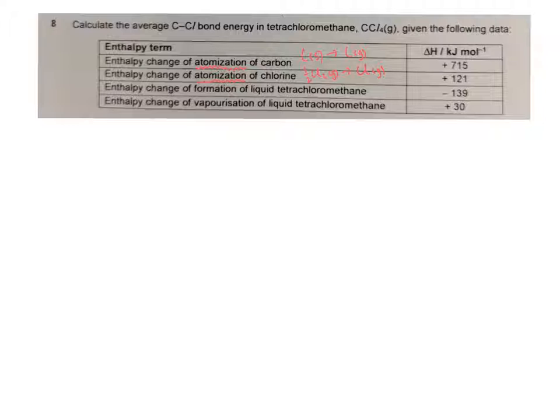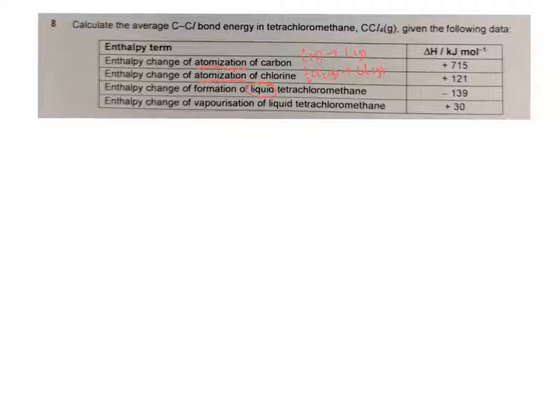Now, the formation of liquid tetrachloromethane, I think we can start there. So let's have a look at that. And I'm going to revisit this key idea. It's liquid tetrachloromethane, not gaseous, not solid, but liquid. So let's write that out. Formation enthalpies refer to creating a compound from its constituent elements in their standard form or state under standard conditions.